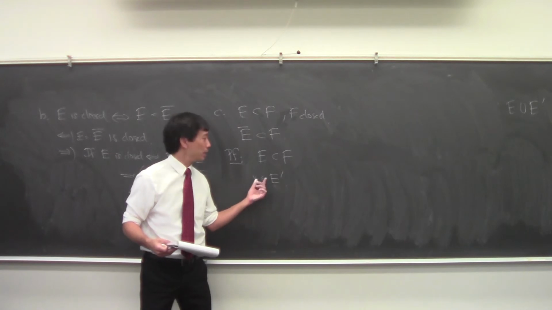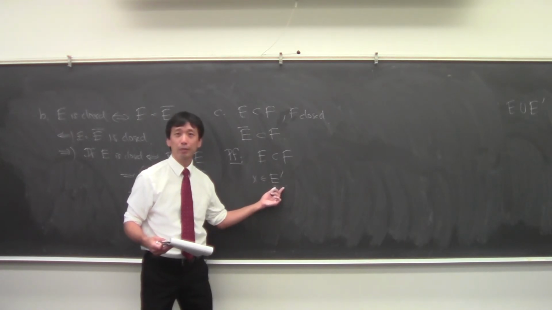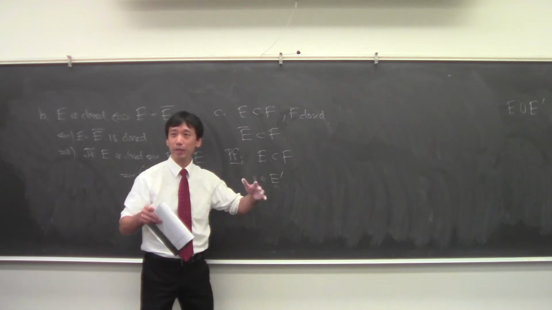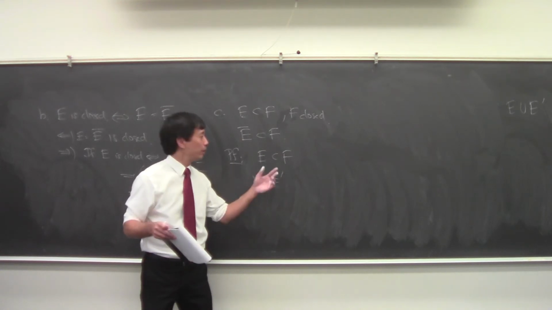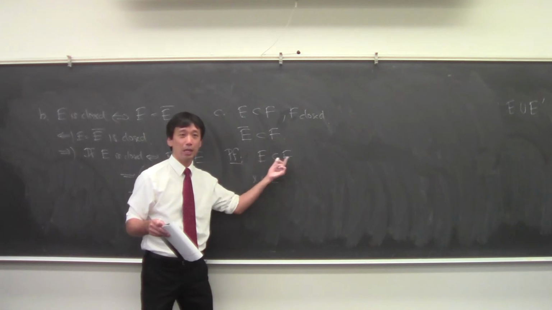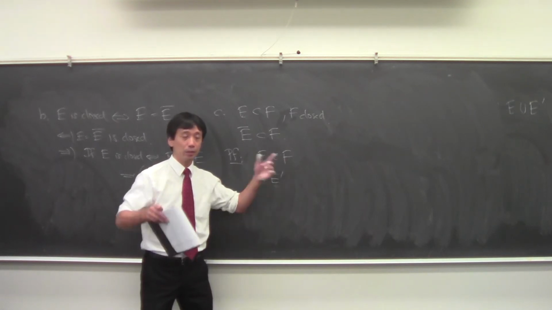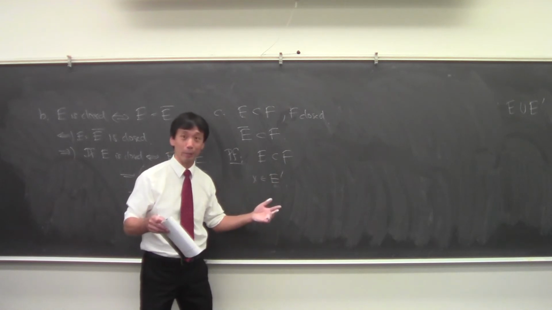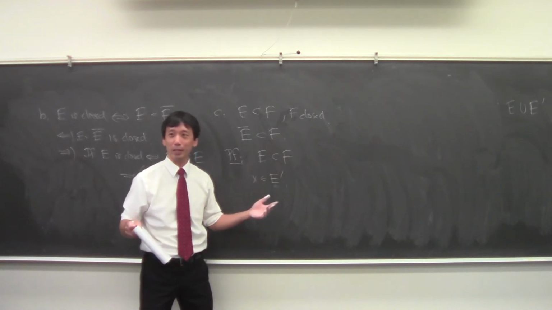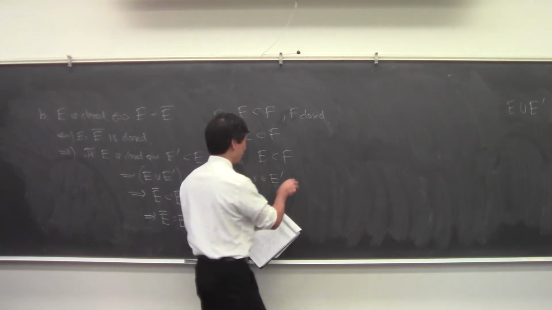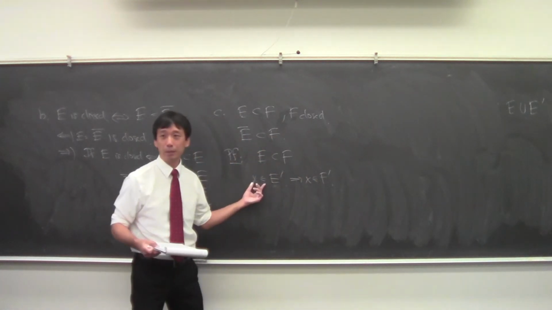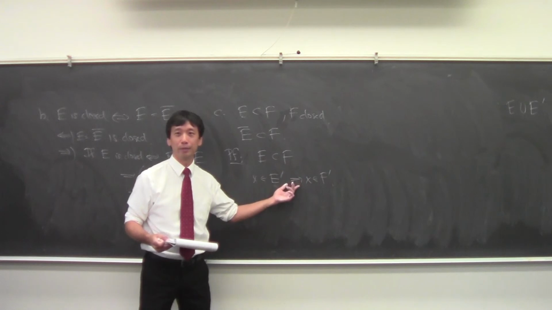It is a limit point of E, so every punctured neighborhood contains some element of E. But every element of E is an element of F. So every punctured neighborhood of X contains an element of F. That tells you that if you're a limit point of E, then you're a limit point of F.